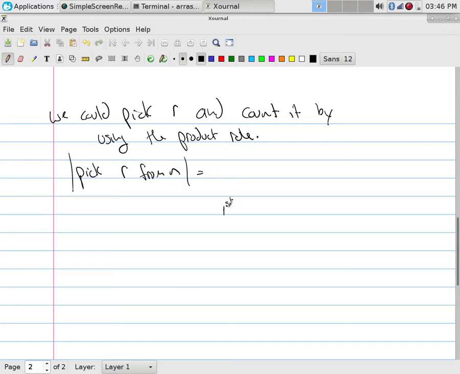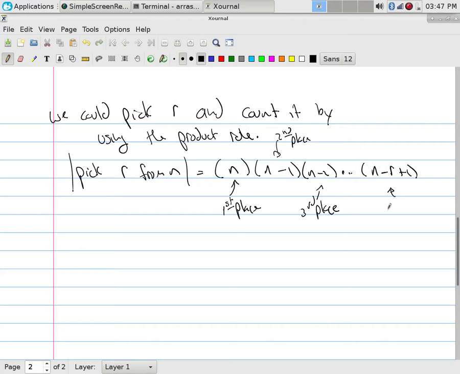For first place, there are n people for me to choose from. But for second place, once I've already used one person, I only have n minus 1 left over. Then I would have n minus 2 for my third place. Finally, I would get n minus r plus 1 for the rth place.